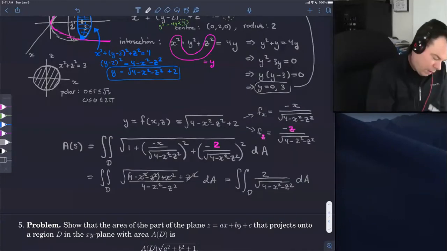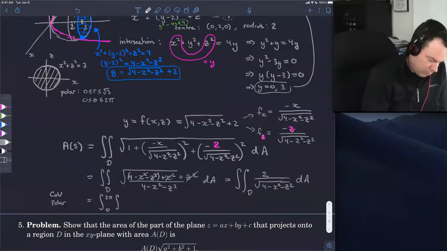We're going to do a change of variables to polar. And so then it becomes the integral from 0 to 2 pi, the integral from 0 to root 3, of 2 over the square root of 4 minus r squared, r dr d theta.